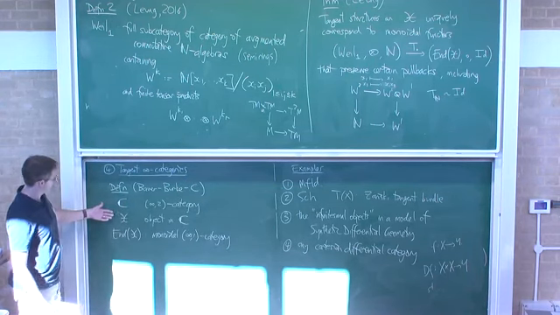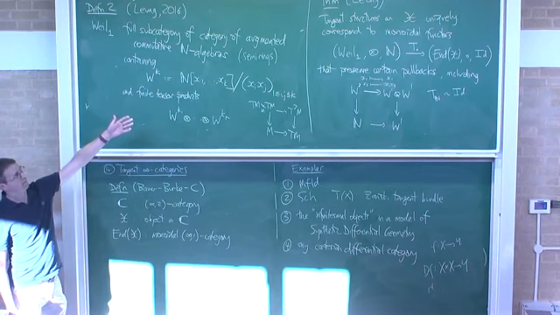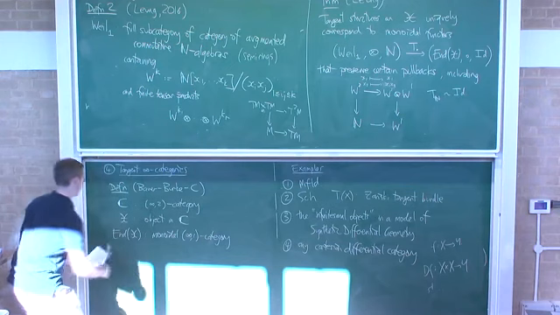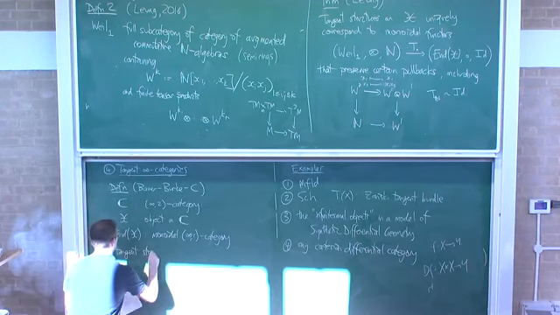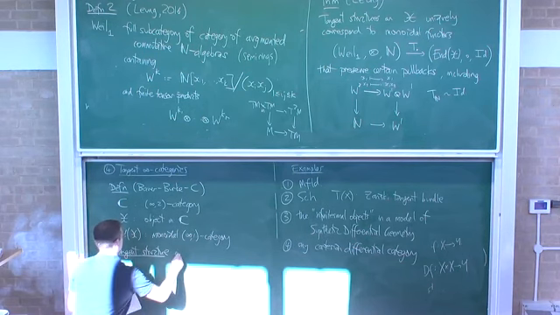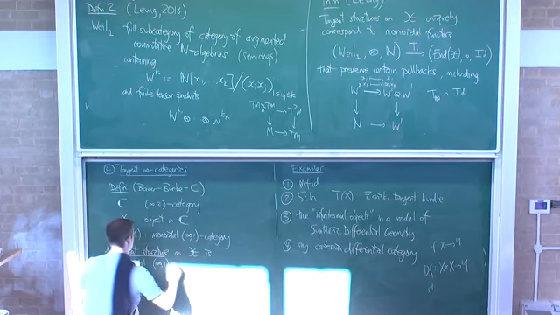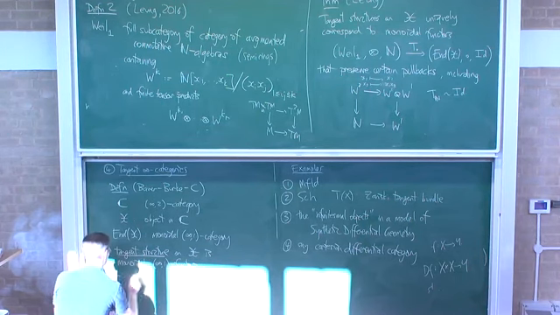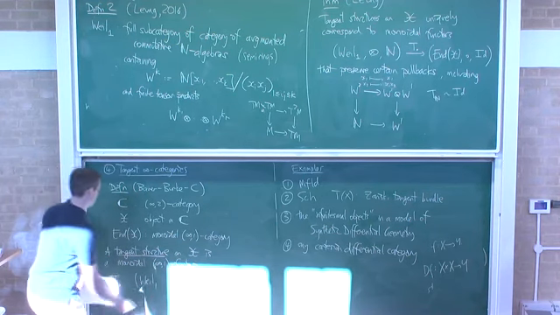And so now I can define a tangent structure on X just by analogy with the theorem up there. So a tangent structure on X is a monoidal infinity 1 functor. And here I'm just going to take the nerve of the category of A algebras.